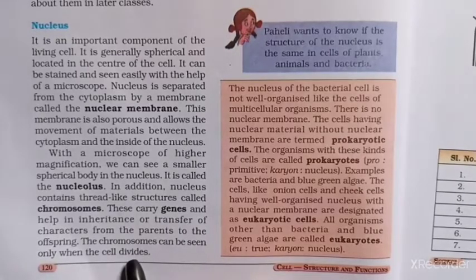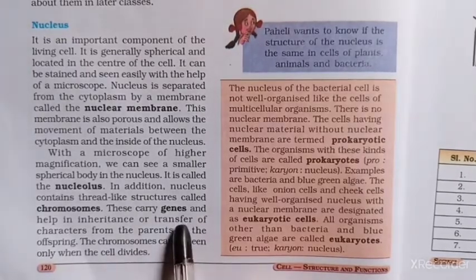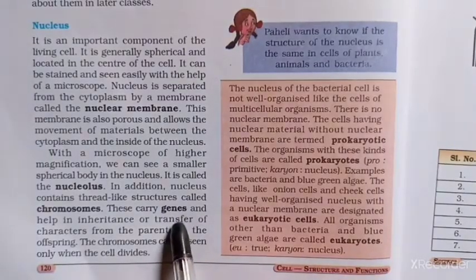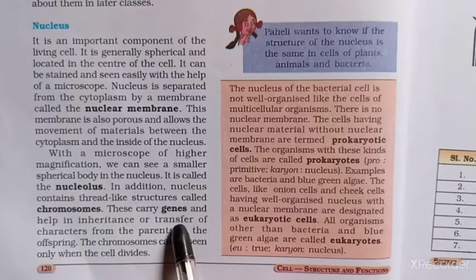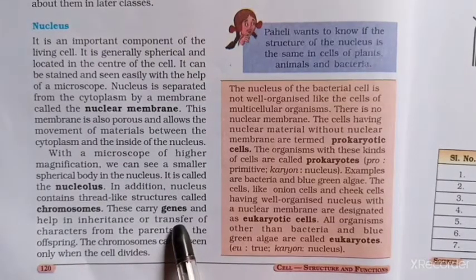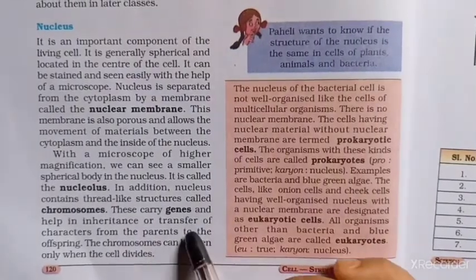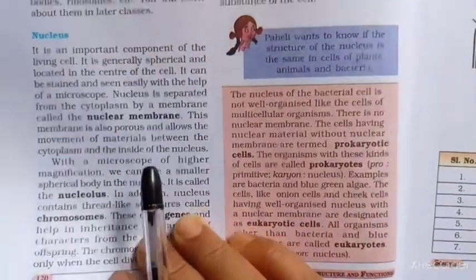So chromosomes carry genes. Then what are genes? Genes are the segments of DNA that code for the amino acid sequence of a protein molecule. Next part, let's see gene.